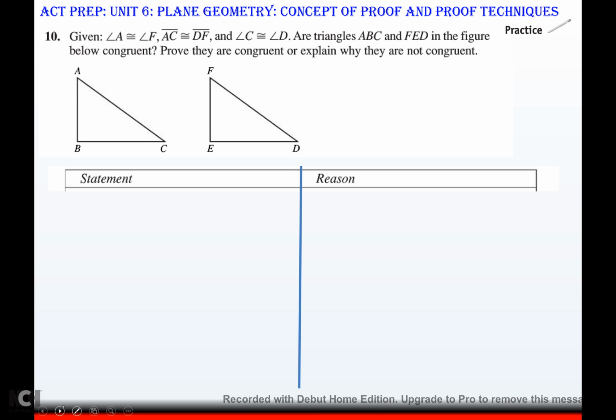Okay? Alright, number 10, it says, given that angle A is congruent to angle F, and AC is congruent to DF, and angle C is congruent to angle D, are the triangles ABC and FED in the figure below congruent?